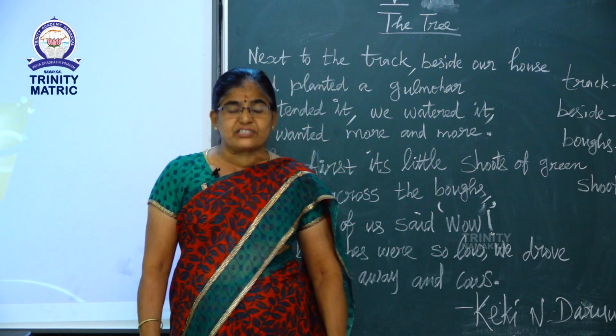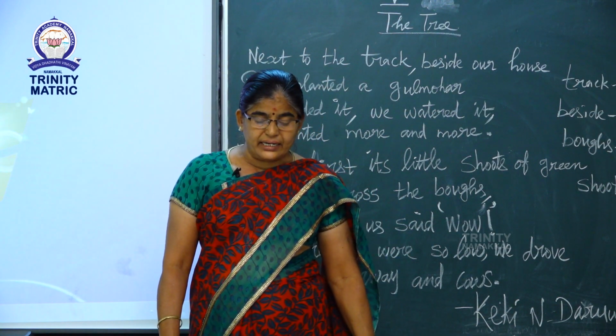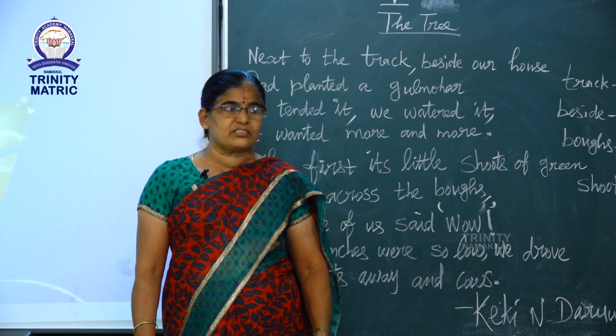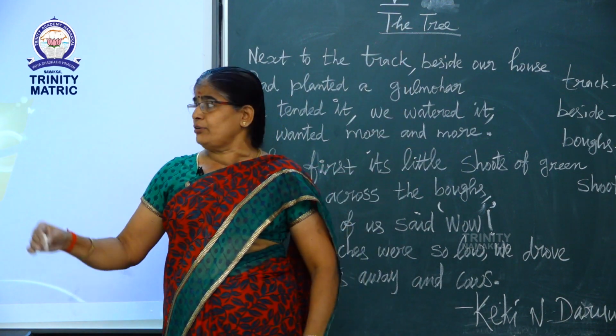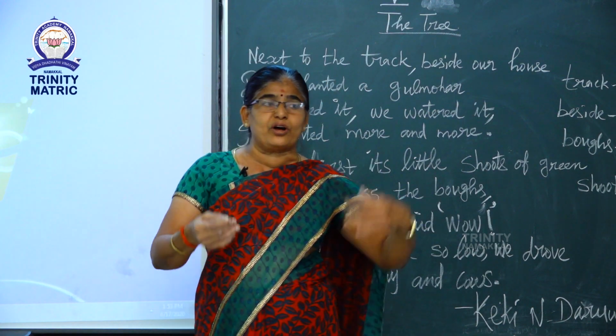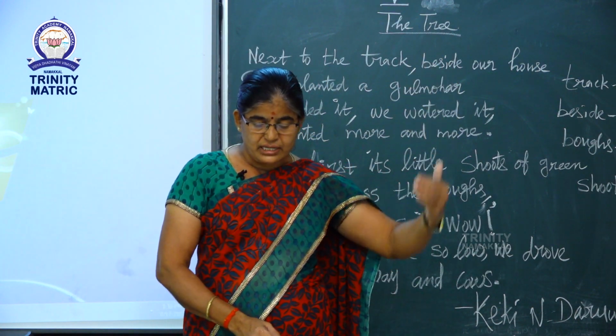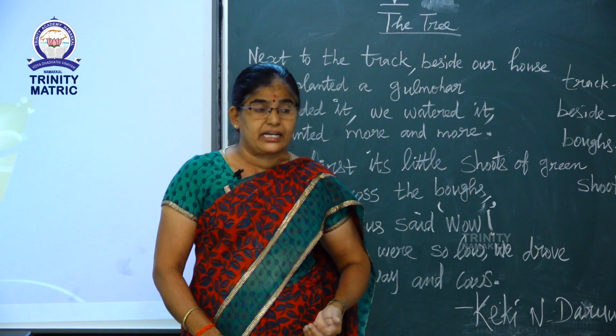It sheltered us from sun and rain. The tree had paid us back. Listen, the last stanza, that means the fifth stanza, I am going to read. Listen children, the flowers which are falling down from the gulmohar tree, the flowers and its shade, they covered.